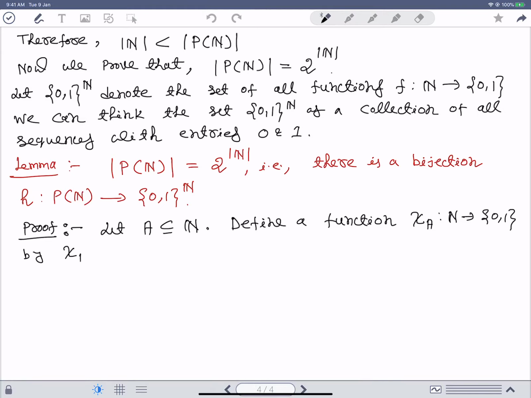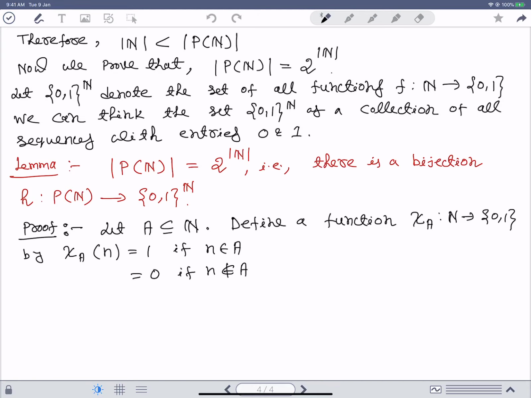So chi of A at n is 1 when n belongs to A, and the value is 0 if n is not in A.